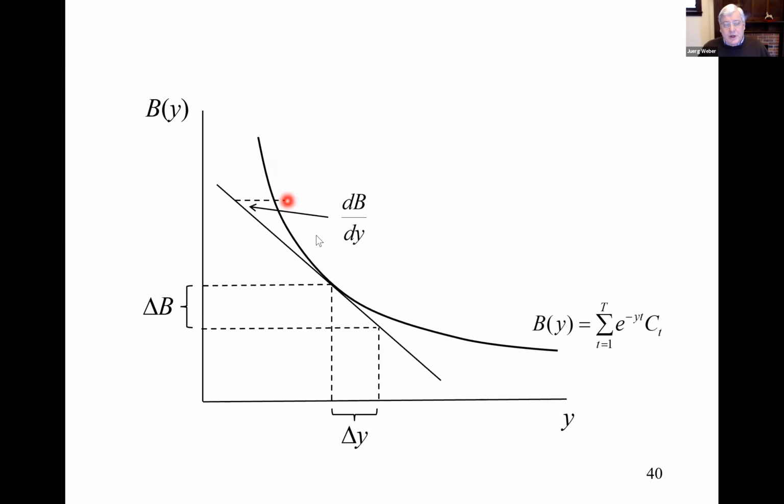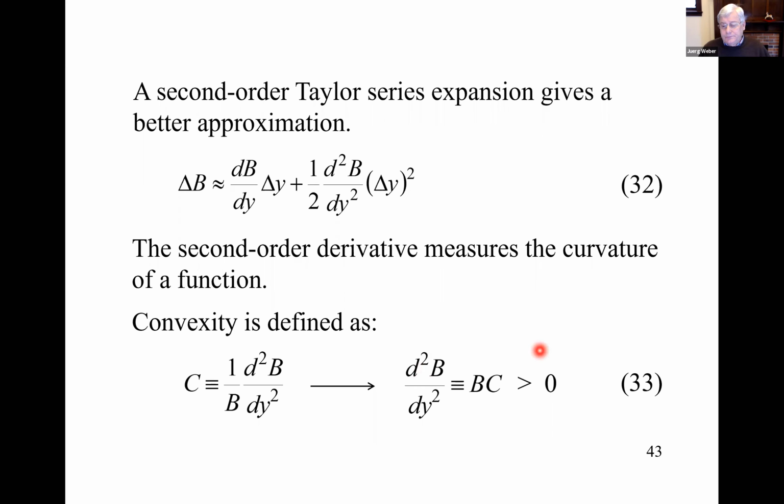Remember here, it's a nonlinear relationship, but it's convex. So the second order derivative is positive, which naturally means the C is positive because the bond price is anyway positive.